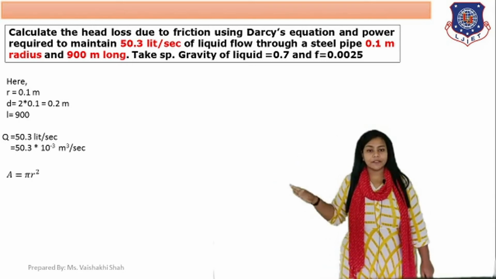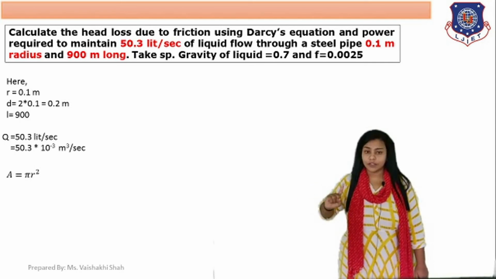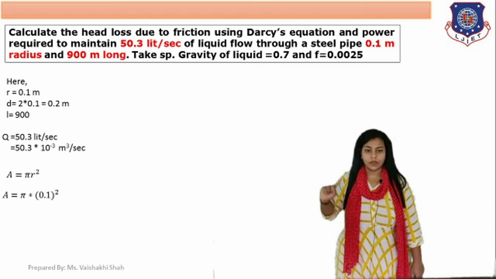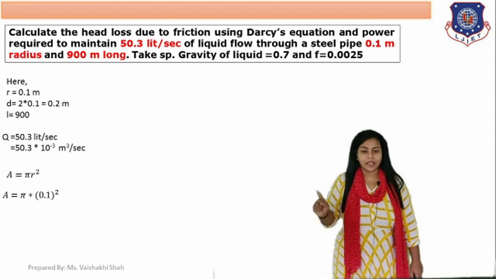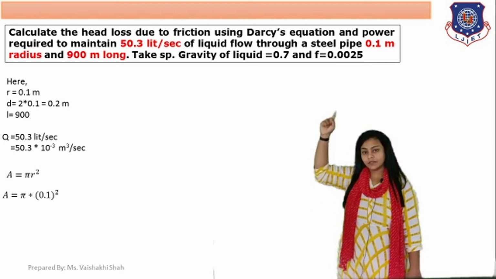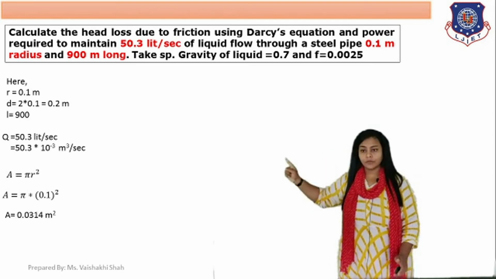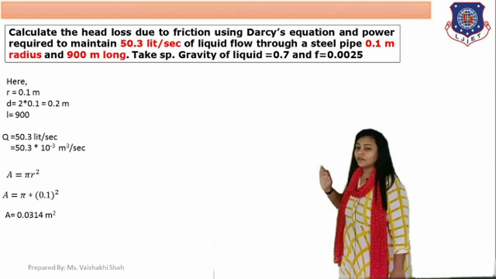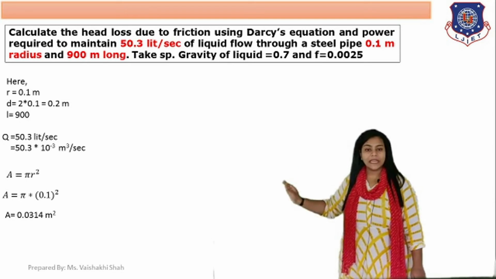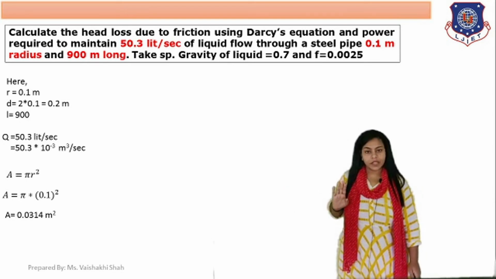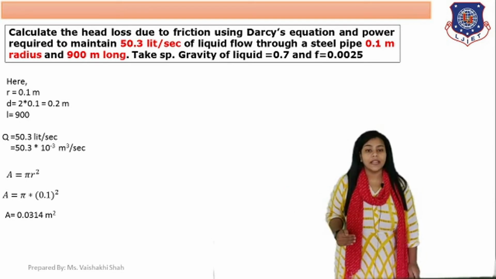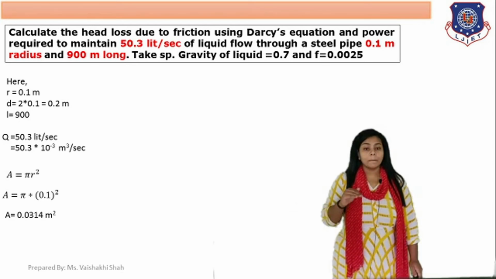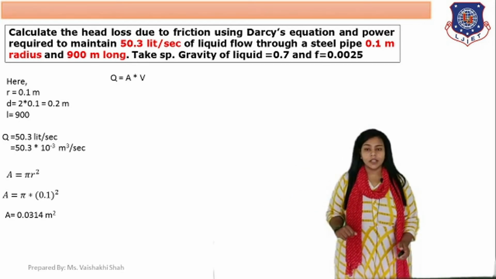Now, what is the equation for area? A equals pi r squared. A equals pi and radius is already given, 0.1 meter. So the area of that pipe is 0.0314 meter square. Now we have to find the friction loss by Darcy's equation.